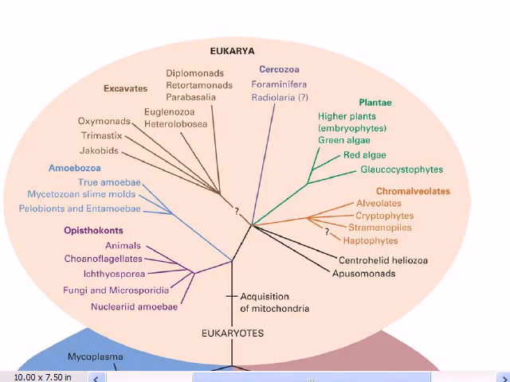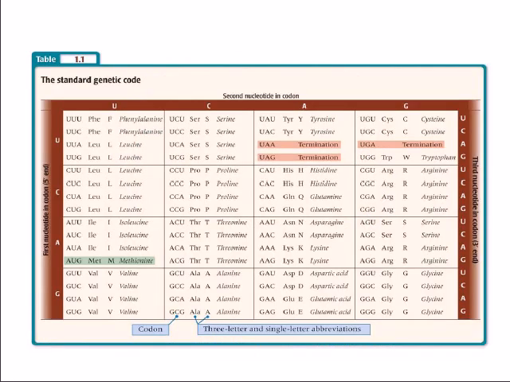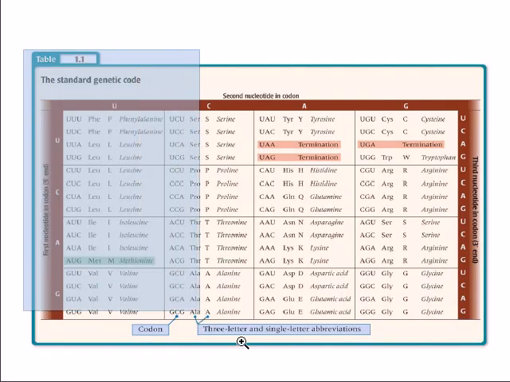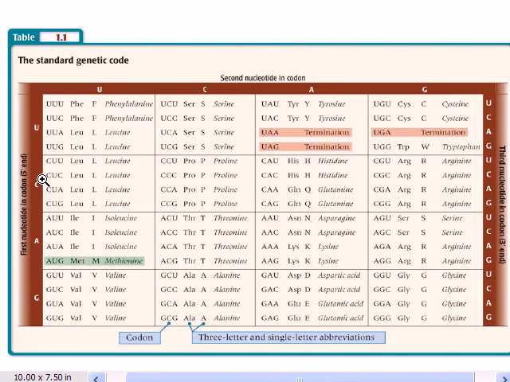Anyway, one of the big items of evidence that suggests that all life on planet Earth is related, has a common origin, and descended from a common ancestor is the universality of the genetic code. We'll talk about the genetic code a little bit later, but the idea is that you can take the information in RNA and it's translated into a protein.